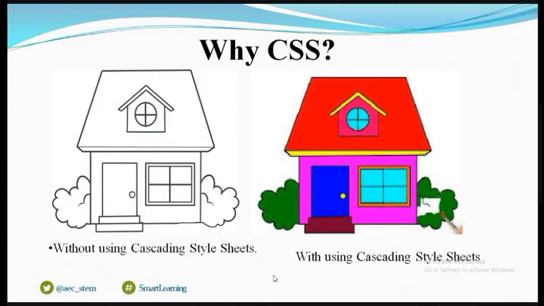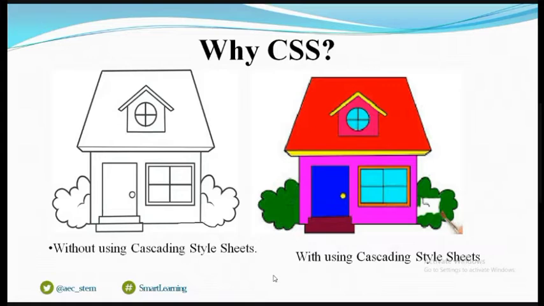In this slide, we can use an uncolored and a colored house as an example for without using cascading style sheets and with using cascading style sheets. The uncolored house is an example for HTML without using cascading style sheets. The colored house is an example for HTML with using CSS.